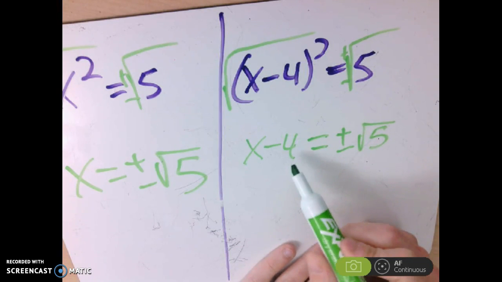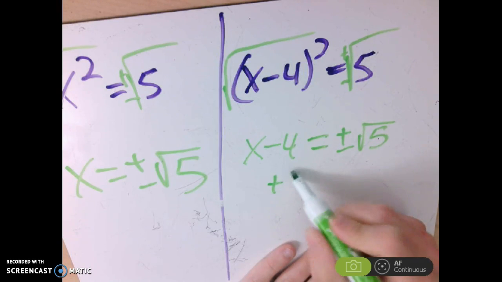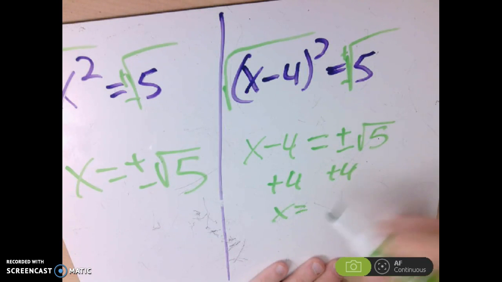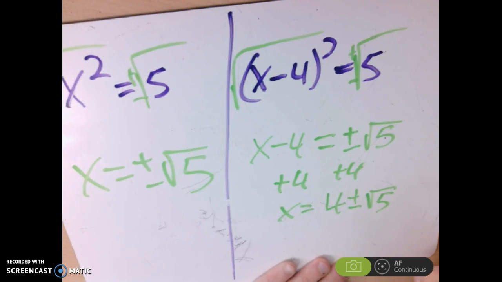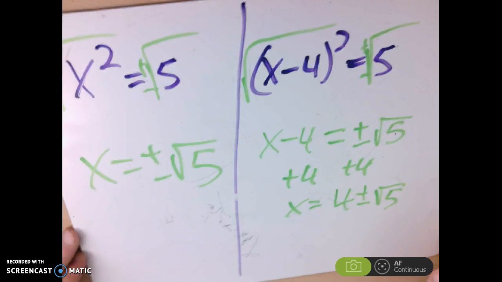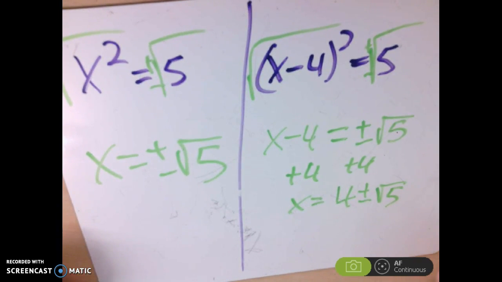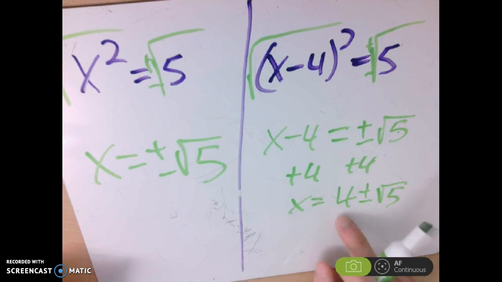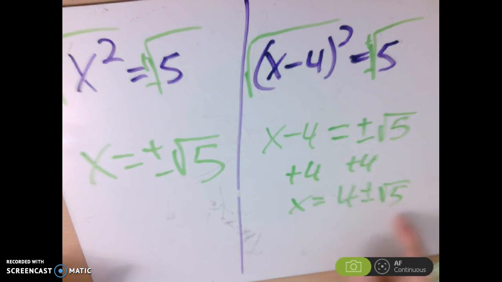And now I need to get x all by itself, so I need to add 4 to both sides. So I get x equals, I can't add these together, so I have to do 4 plus or minus the square root of 5. And remember, whenever we have quadratics, we have up to 2 answers. Those are my two answers, 4 plus the square root of 5 and 4 minus the square root of 5.